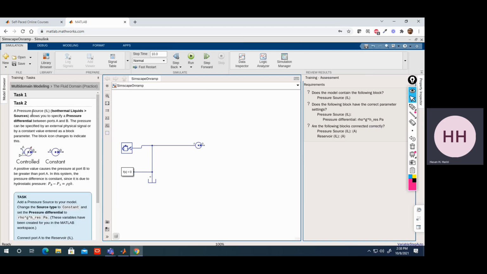Let's read a bit about the pressure source, which is this one. It allows you to specify a pressure differential between ports A and B, as we did.